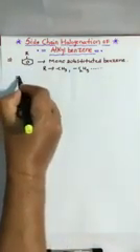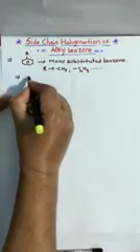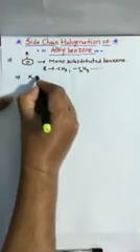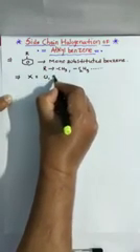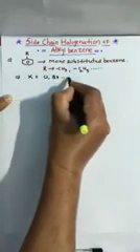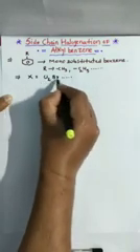Halogenation is nothing but taking a halogen X here. X may be chlorine or bromine, generally Cl2, Br2.